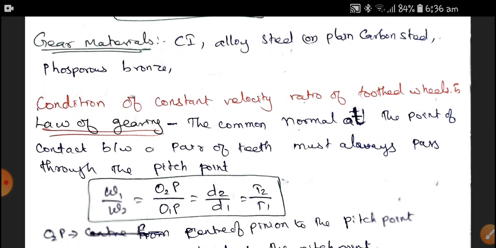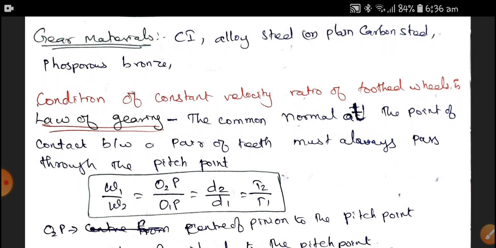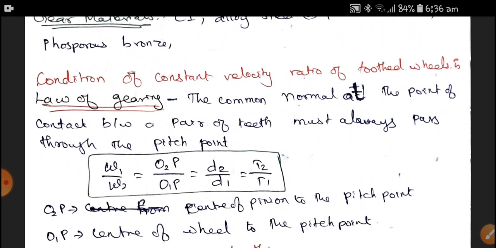Next is the condition of constant velocity ratio of the toothed wheel. That condition is called the law of gearing. The law of gearing states that the common normal at the point of contact between a pair of teeth must always pass through the pitch point.